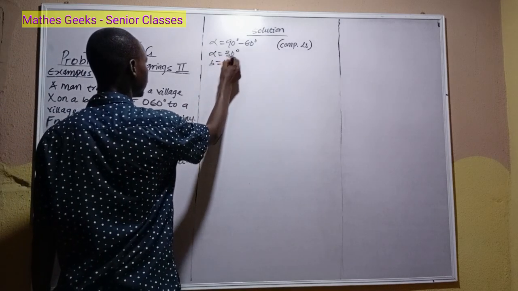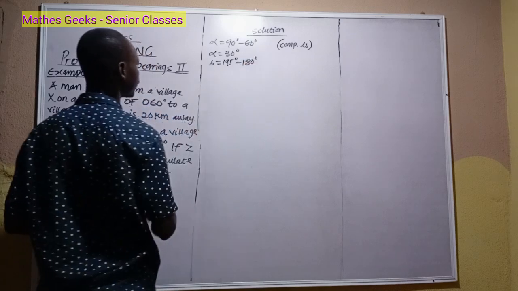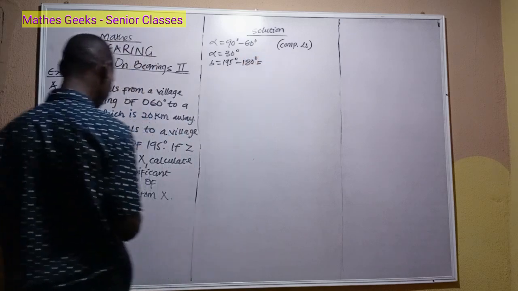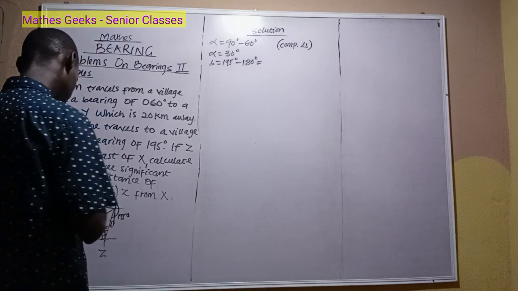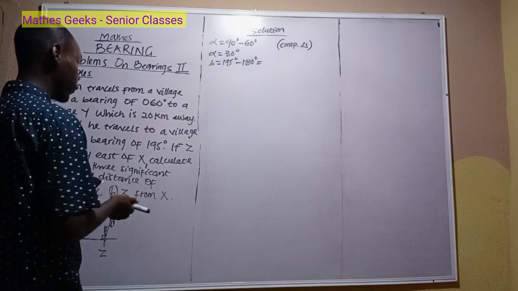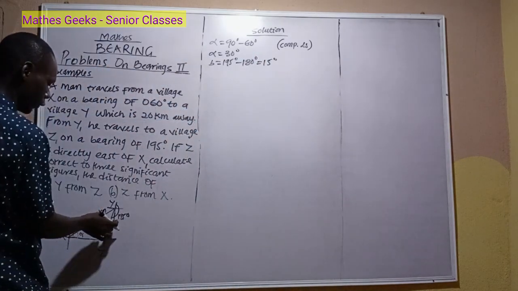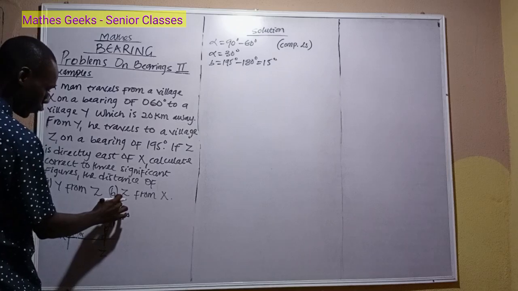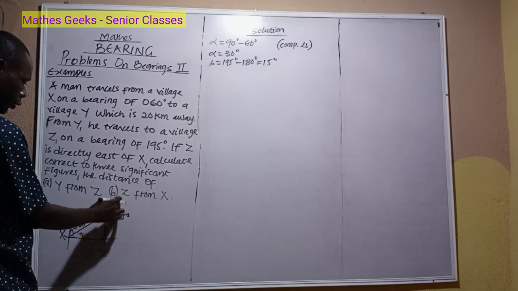195 degrees minus 180 degrees. 195 minus 180, that's 15 degrees. Because 15 degrees plus 180 degrees will give you the whole of the north to this line, from here to here.